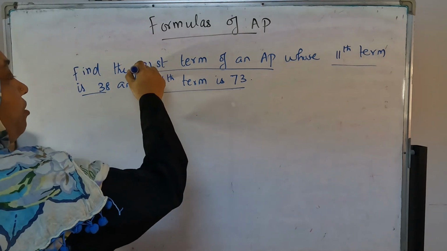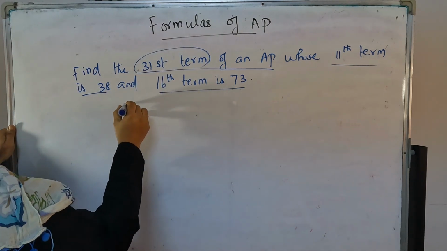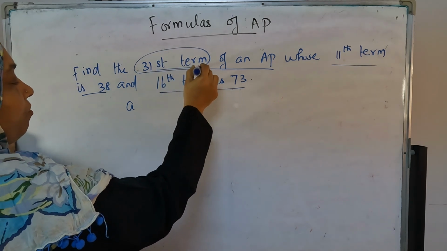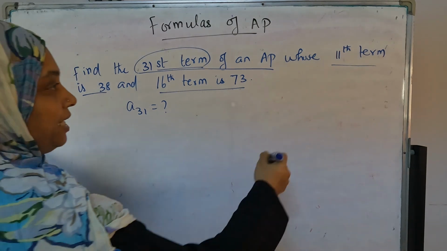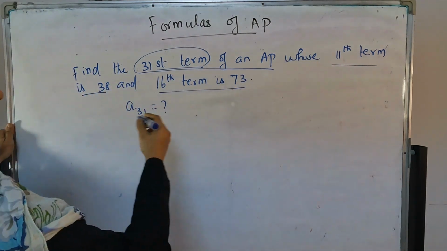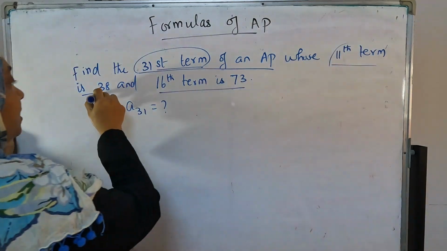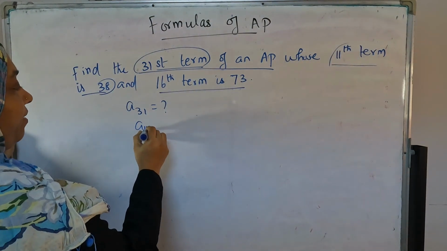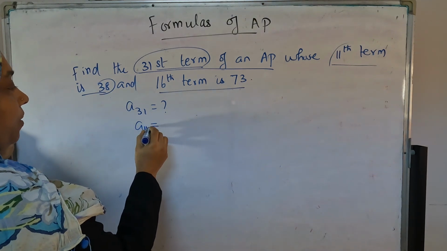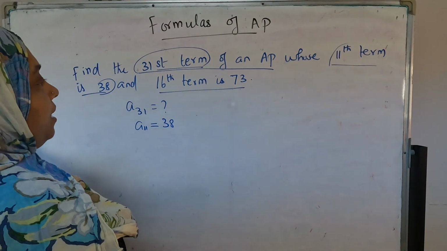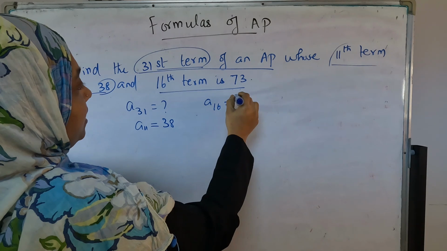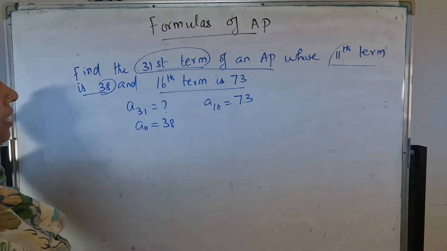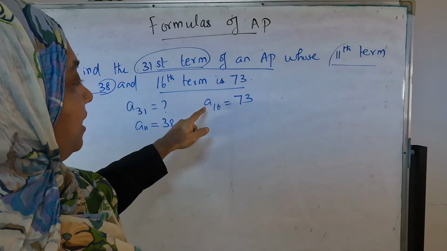So the A31 we have to find. 11th term is 38 means A11 equals 38, and 16th term is 73, A16 is 73.